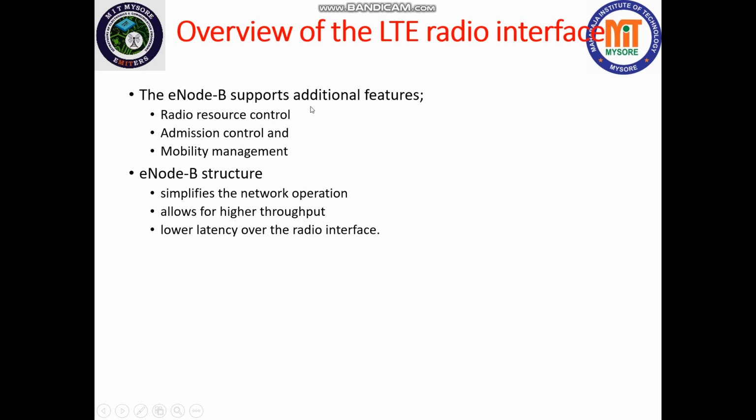And what is the use of this? eNode B supports additional features such as radio resource control, admission control, and mobility management. The eNode B structure simplifies the network operation, and allows for higher throughput and lower latency over the radio interface.